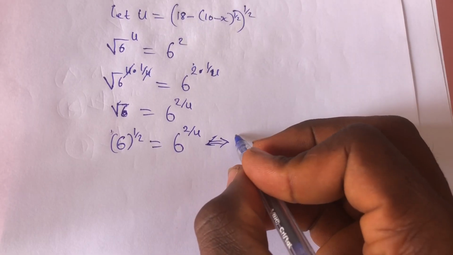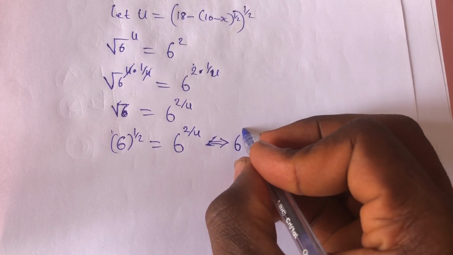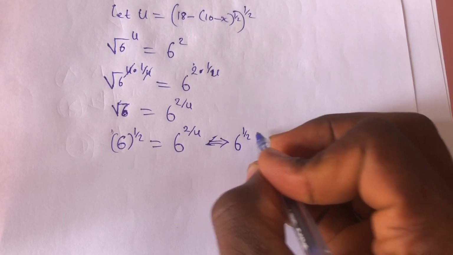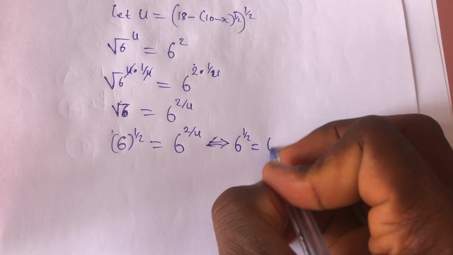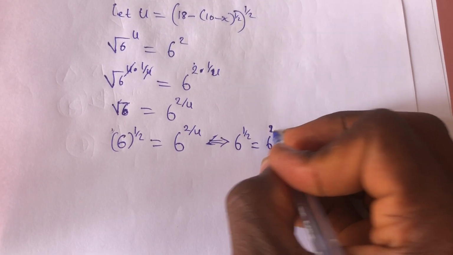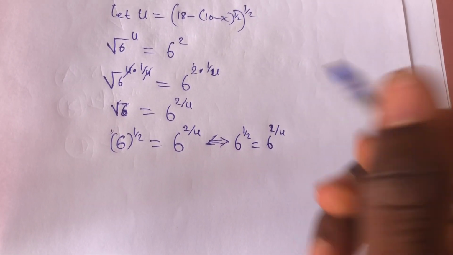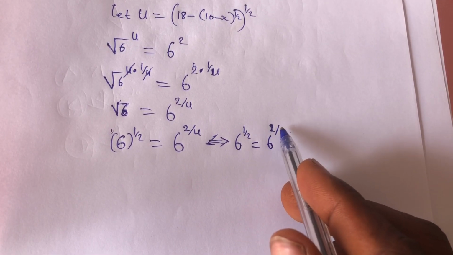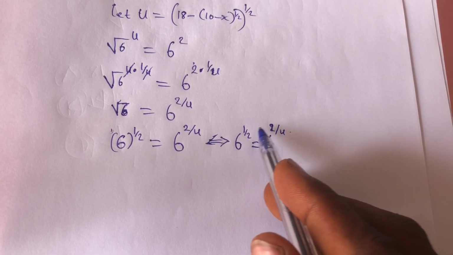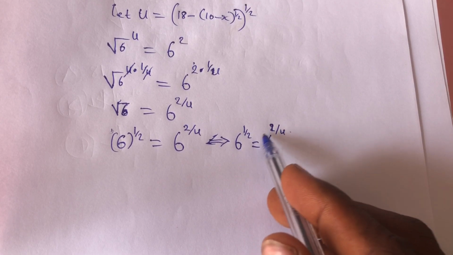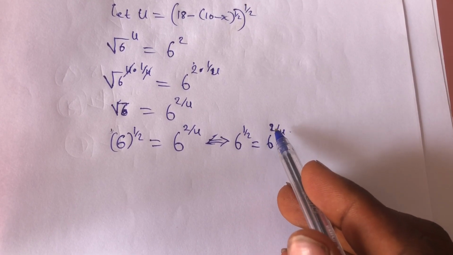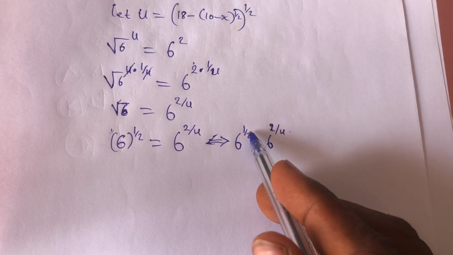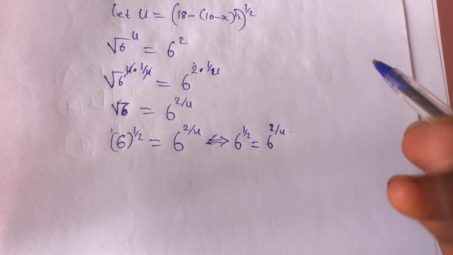This is the same thing as saying 6 raised to the power 1 over 2 is equal to 6 raised to the power 2 over u. Since the two bases are the same, we can equate the exponents already, but we could actually cancel out by multiplying by 2.